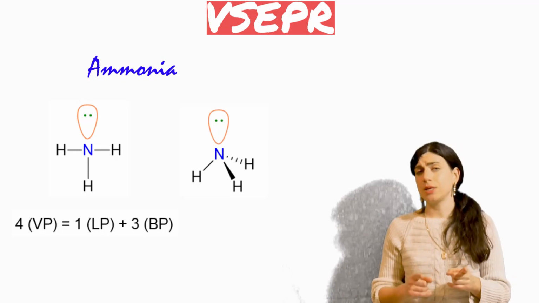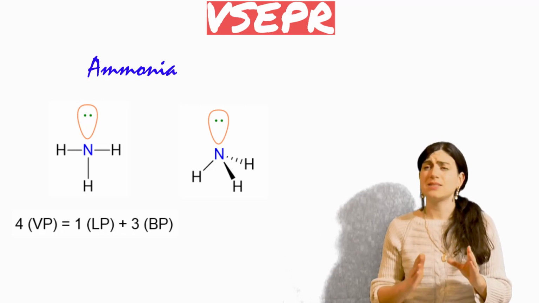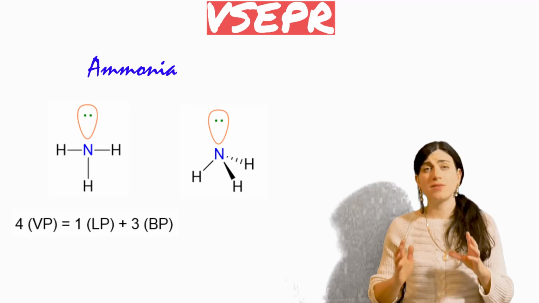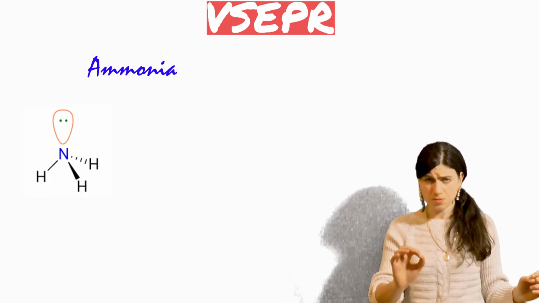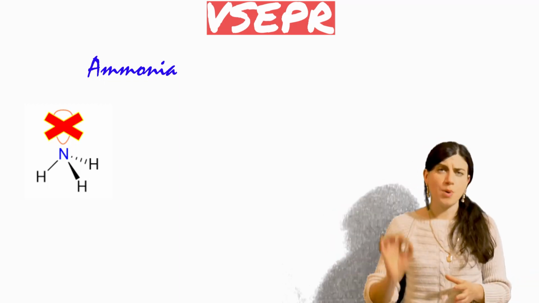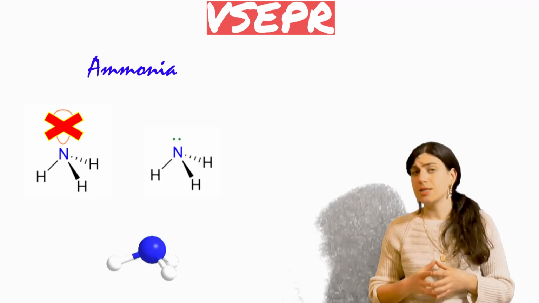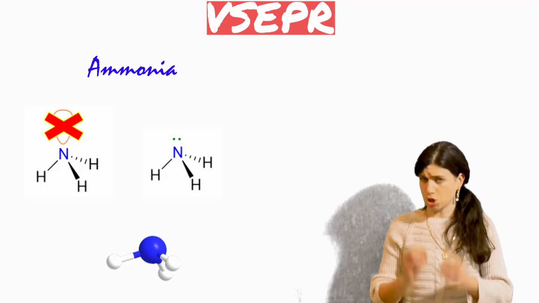Now, since LP is equal to 1 and VP is less than 5, this means that our geometry will be given by the electron arrangement of the tetrahedron minus the lone pair. So just erase the lone pair. What is left is what is called the trigonal pyramidal geometry.